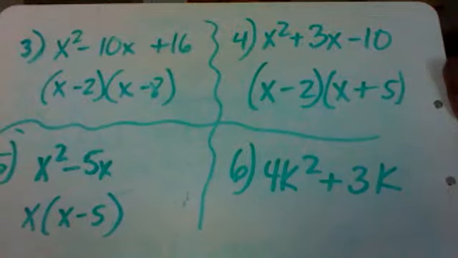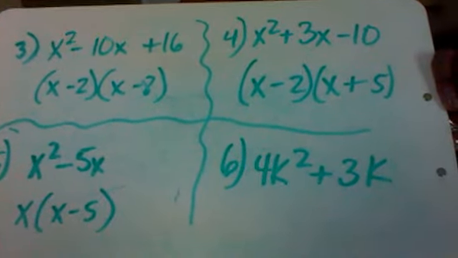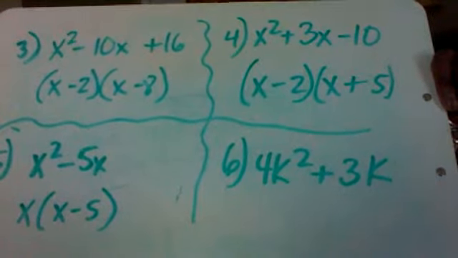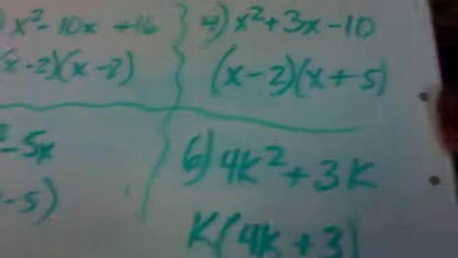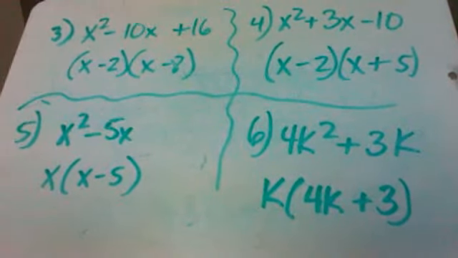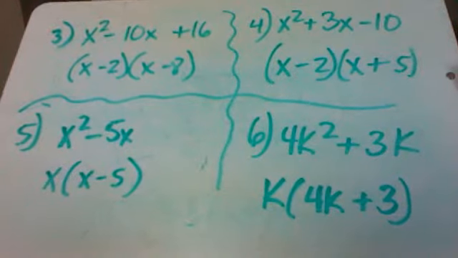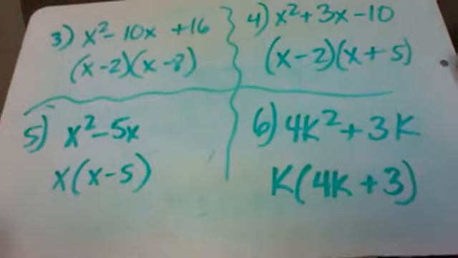Alright, you see 4 and 3, you can't factor out a number. Now if that was 4 and 2, you know you can factor out a 2. But in this case it's 4 and 3, so you can't factor out a number. You just factor out the k. So your answer for that would be k parentheses 4k plus 3. And that is factored. Check by using distributive property. k times 4k gives you 4k squared, and k times 3 gives you 3k.